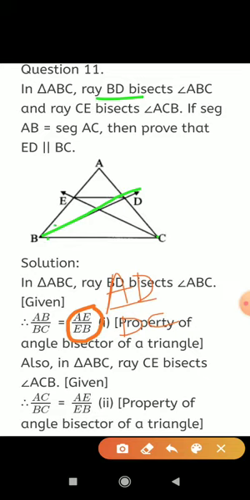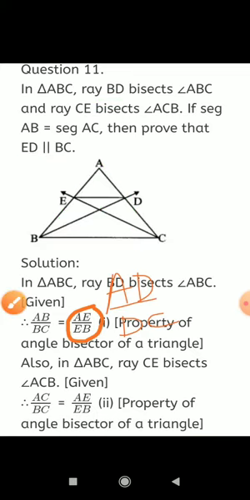So here the angle bisector of angle B and the angle bisector of angle C are given. Segment AB is equal to segment AC. Then prove that ED is parallel to BC.